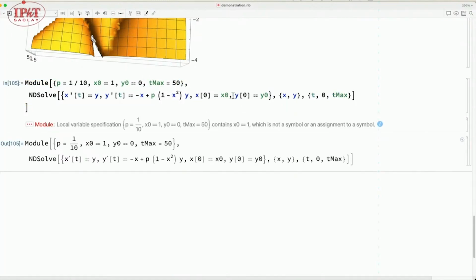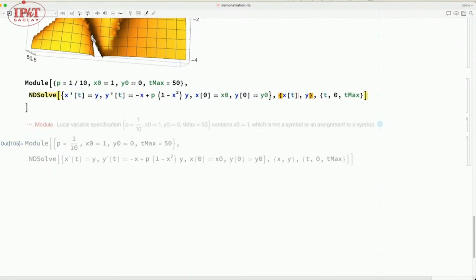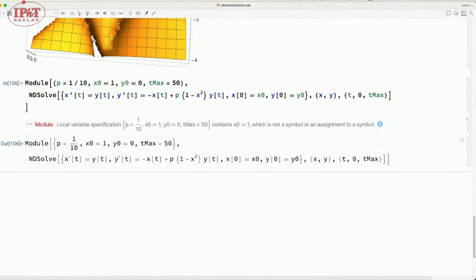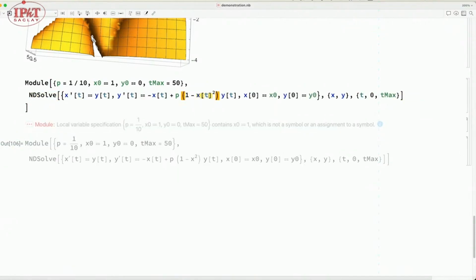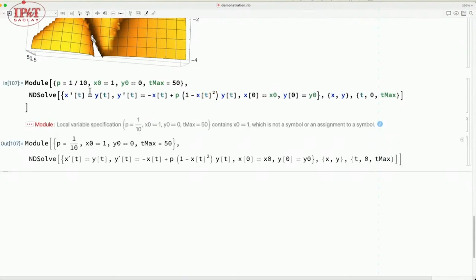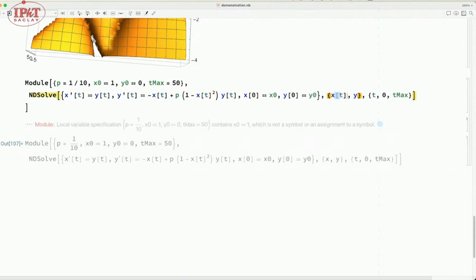We have t and x of t in the right hand side. Yeah. So in the right hand side of the equation. Okay, I don't think I have to put it there, but x squared. Maybe I also need to do it here.